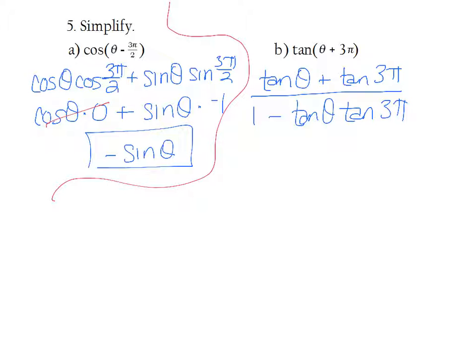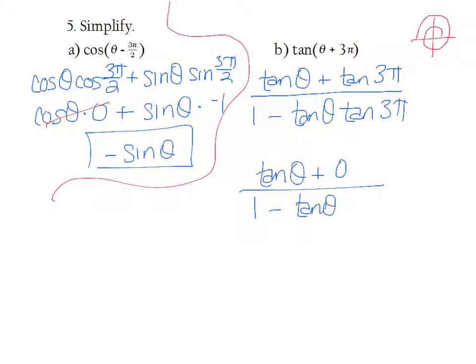Now let's simplify that. In my numerator, I'm just going to have tangent of theta plus 3 pi. Remember, that just wraps around and lands the same place as pi. And the tangent there would be 0, over, in the denominator, 1 minus tangent of theta times 0.